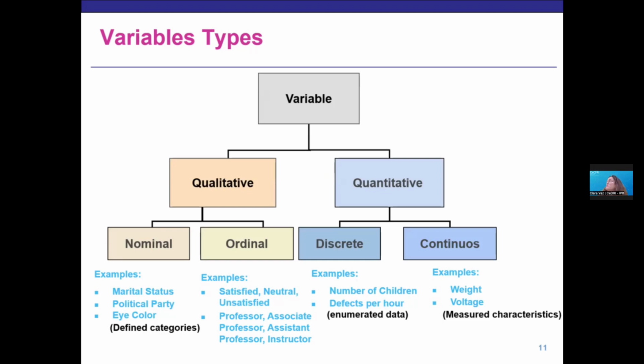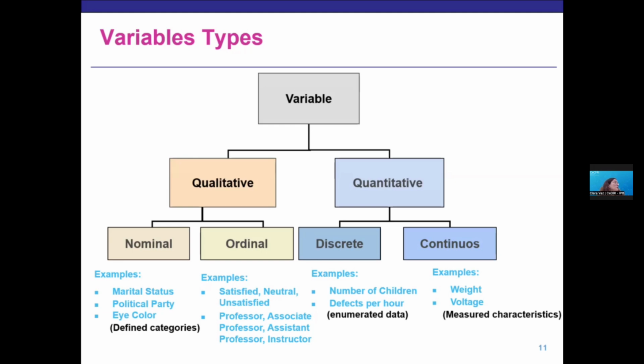The variable can be qualitative, and we can have nominal variables that are represented by different categories that are not ordered. Also, we have other qualitative data, for example, the satisfaction level, where we can order these categories.